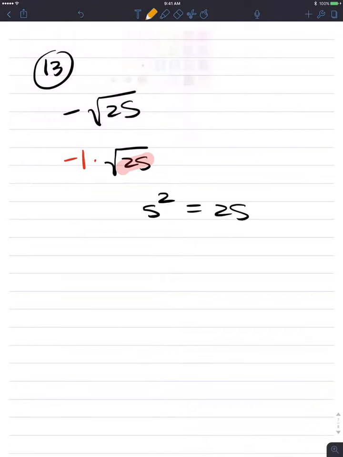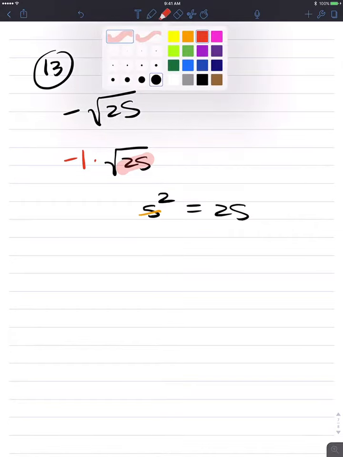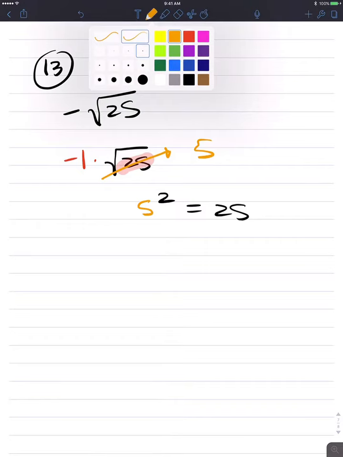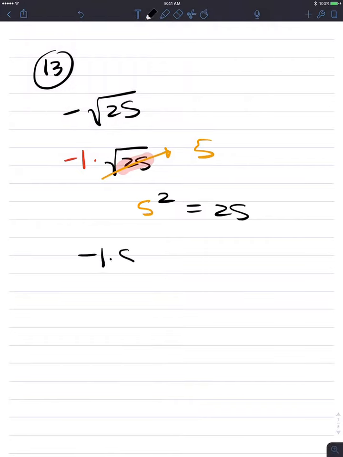So the base here is 5. So the square root of 25 here, we can replace this with the value 5. We get negative 1 times 5, which is negative 5.